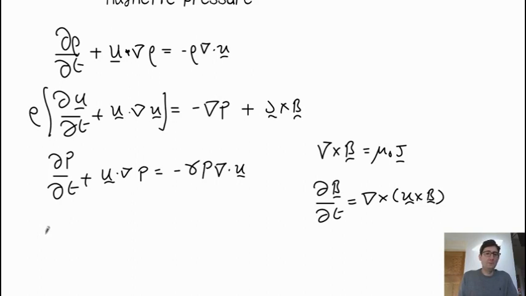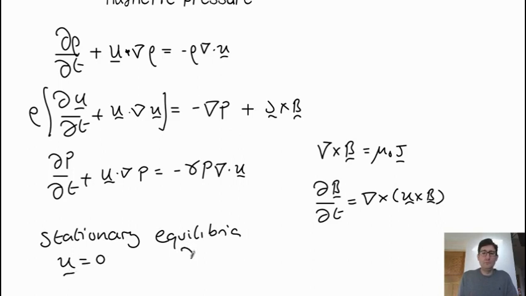And now we're looking for stationary equilibria. So in general there can be equilibria where there are flows where u is not zero, but here we're looking for stationary equilibria. So stationary here means u is equal to 0. And equilibria just means it's in steady state, so d by dt goes to 0. And so most of these equations will now go to 0.